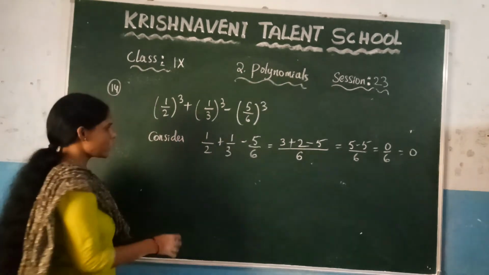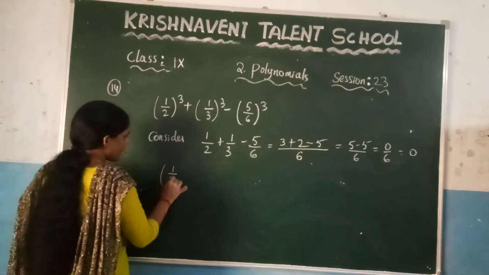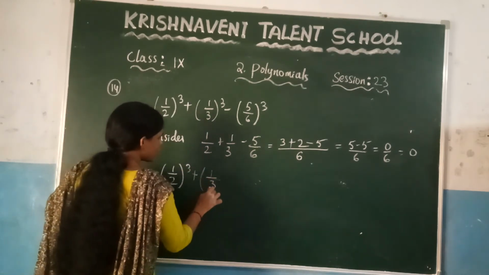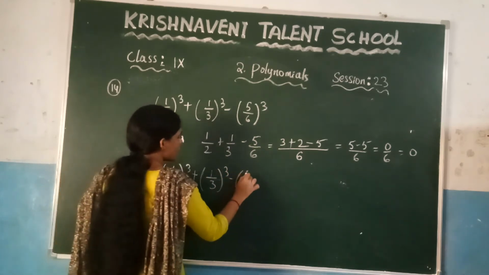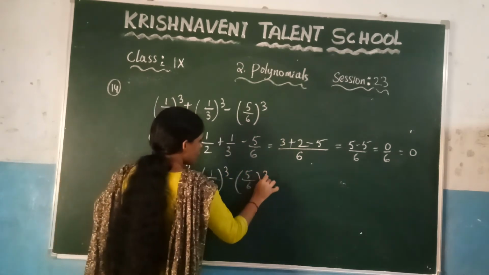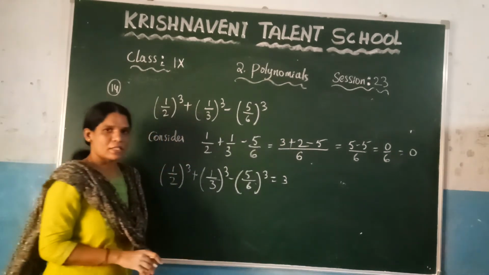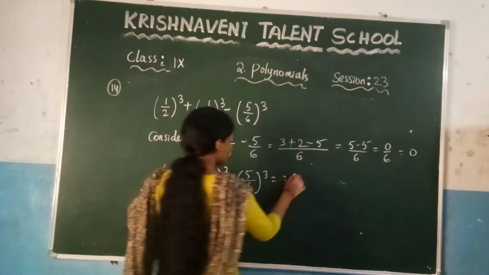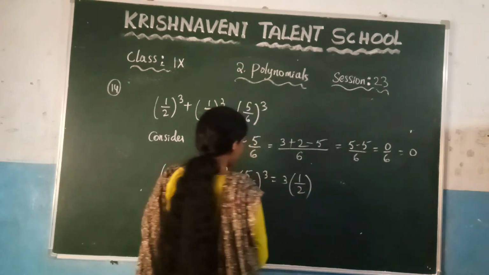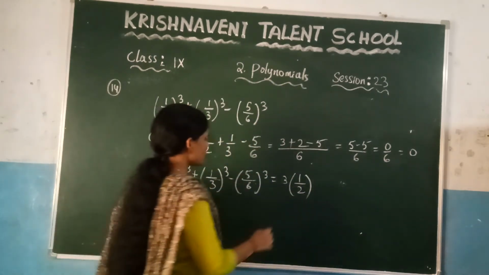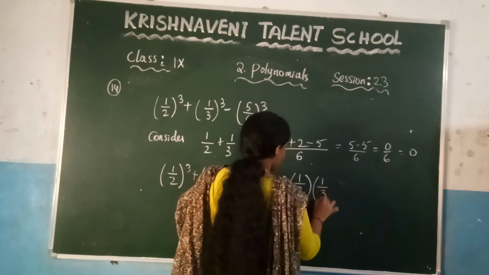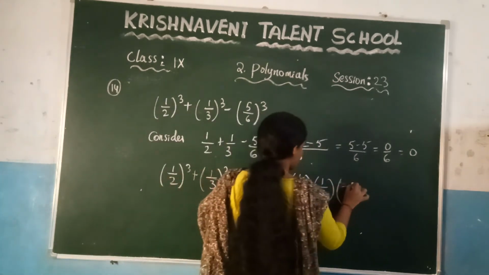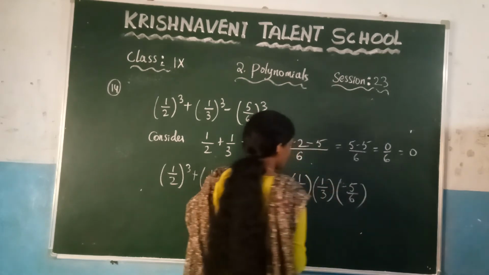So according to that identity, you can write x³ + y³ + z³, which is nothing but (1/2)³ + (1/3)³ + z³ = 3xyz. So here 3 into the value of x, which is 1/2, and the value of y, which is 1/3, and the value of z, which is minus 5/6.